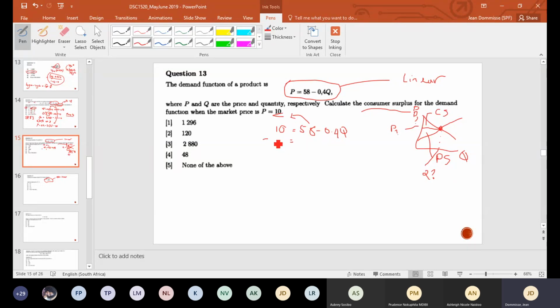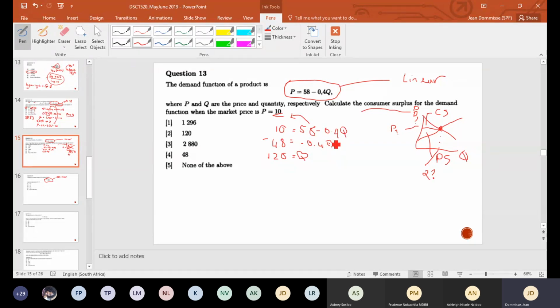Minus 58 plus 10 gives me minus 48. On this side, I'm sitting with minus 0.4Q. So 48 divided by 0.4, I get 120. Remember, because you're dividing a minus by a minus, it becomes a positive. So your Q is 120.